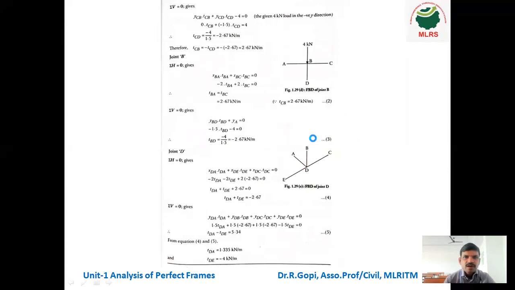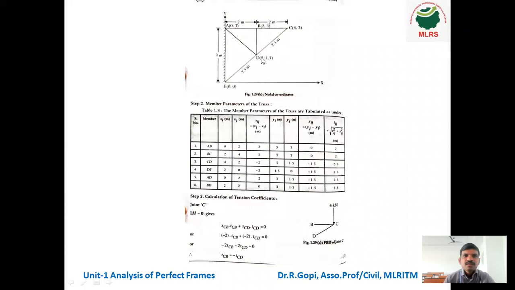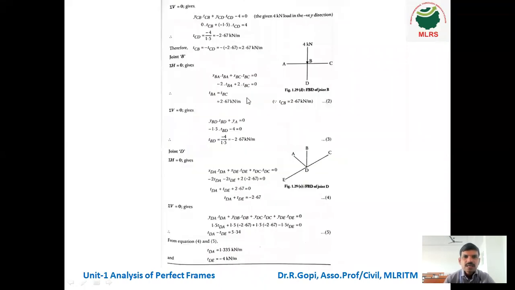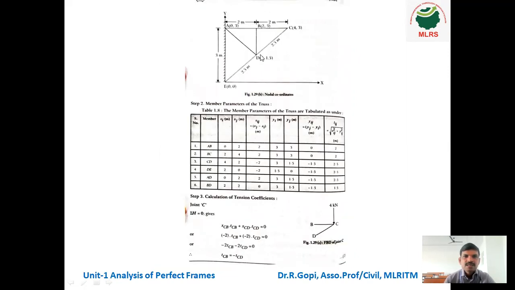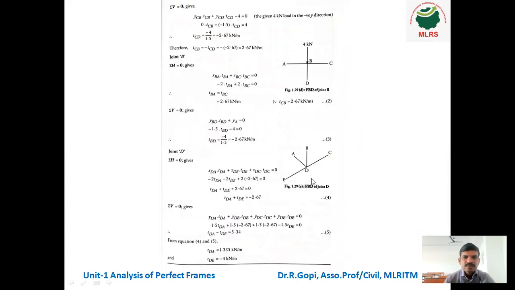See the x quadrant of DA. So 2, 0. Since it is on the left side, so minus 2 TDA. Next XDE, also minus, so 2 comma 0. This is also on the left side. I'm considering only the x-axis, so this is minus and this is plus. Therefore minus 2 TDA.